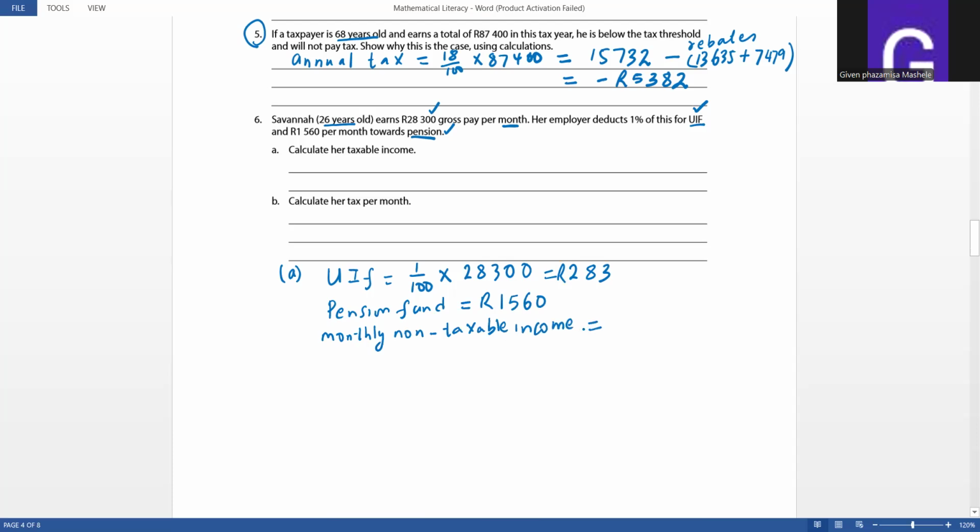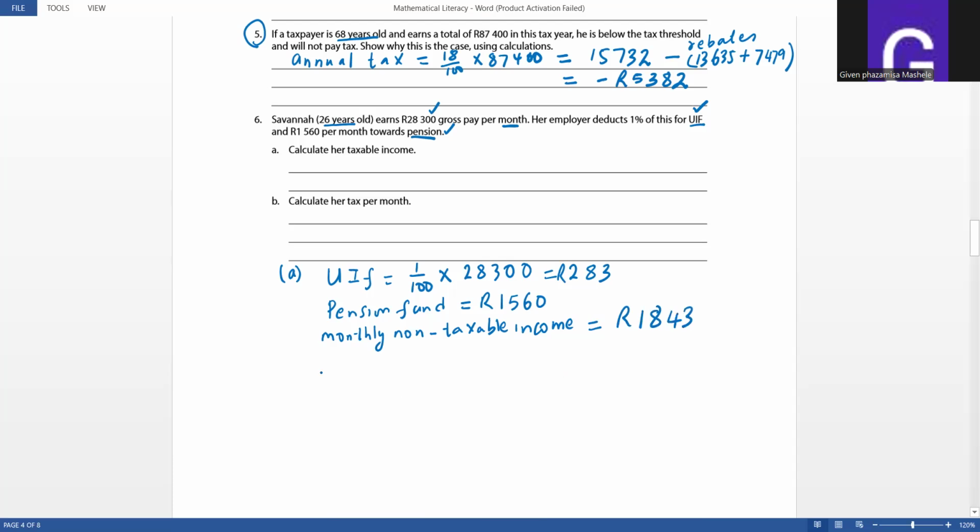So we have to add these two amounts. What will be the monthly non-taxable income of the two amounts? Obviously, it will be 283 plus 1,560. This will be 1,843 rand.